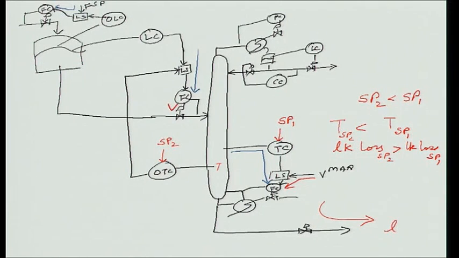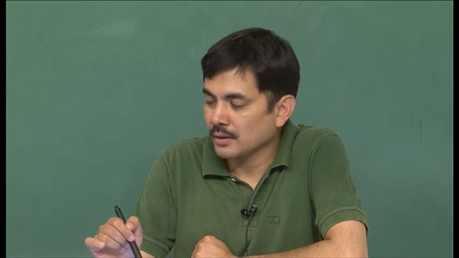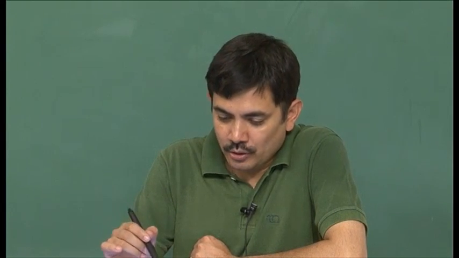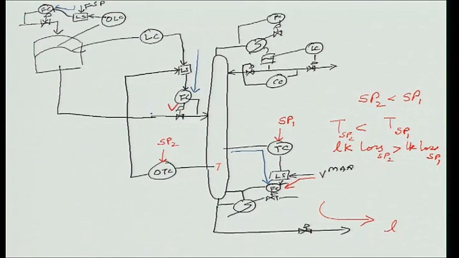He keeps on jacking up the flow set point, and as the flow is being increased, the boil up becomes max. Once the boil up becomes max, the override temperature controller takes over manipulation of the feed to the column. Okay. Now that it has taken over manipulation of feed to the column, I do not have level control on the tank. See what is happening?